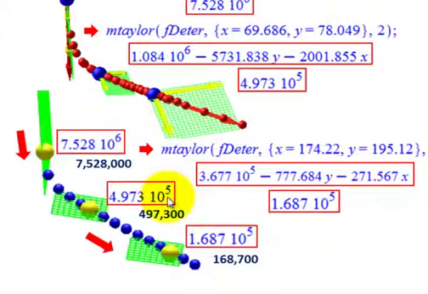And then moving down to our next point, 69 of material, 78 of labor, we come up with 497,300. And then the third point, that last point, was 174 and 195, which gives 168,700. So these are really volumes that we're looking at.